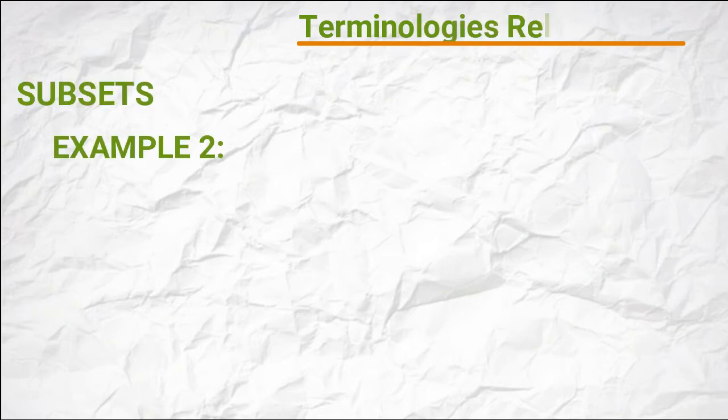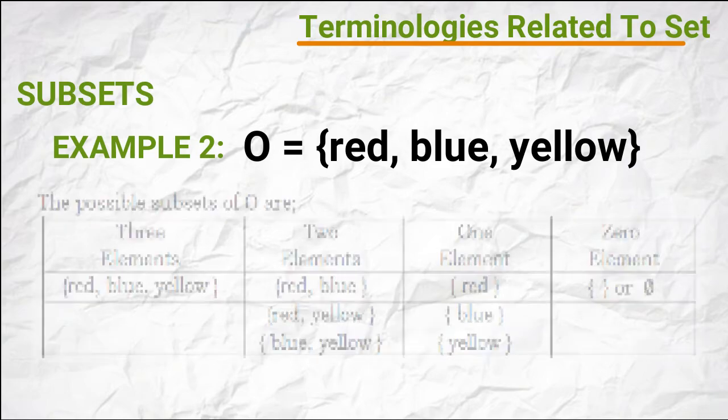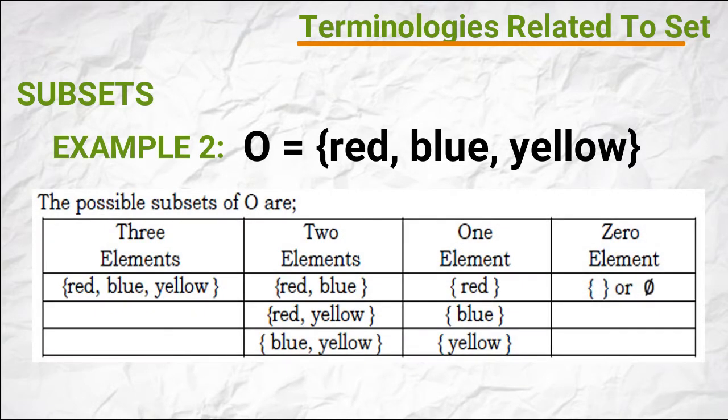In example 2, we have set O whose elements are red, blue, and yellow. Its subsets are {red, blue, yellow}, {red, blue}, {red, yellow}, {blue, yellow}, {red}, {blue}, {yellow}, and the empty set or null set.